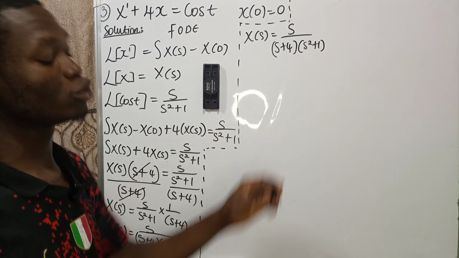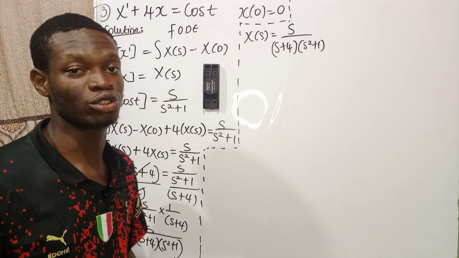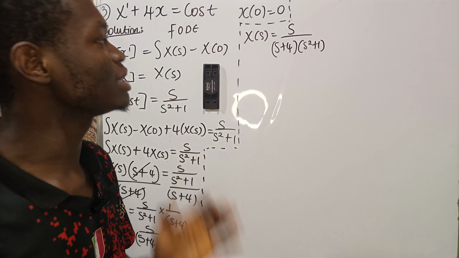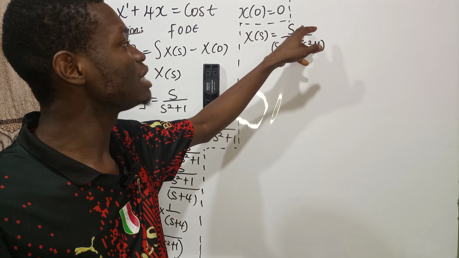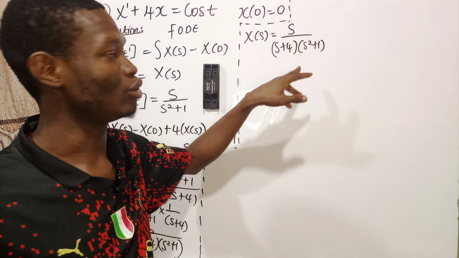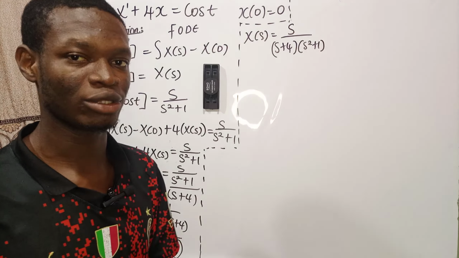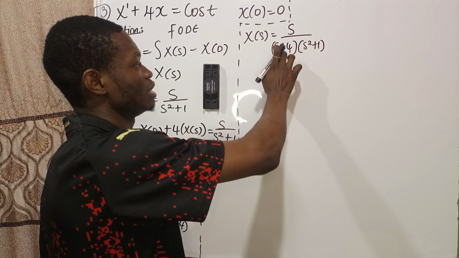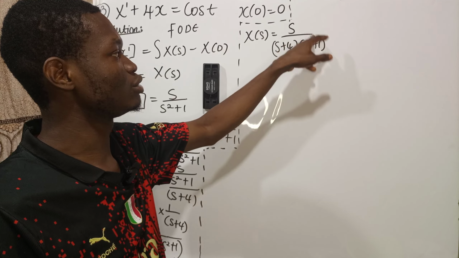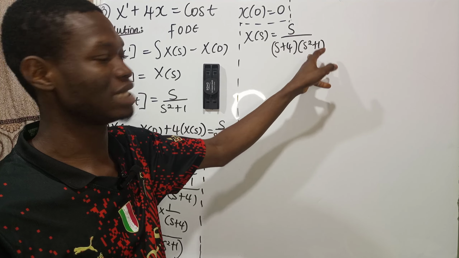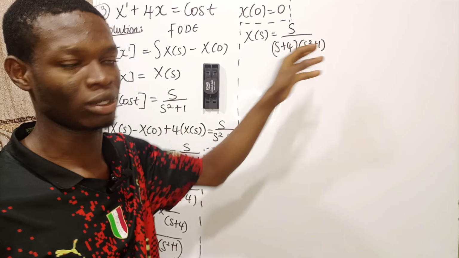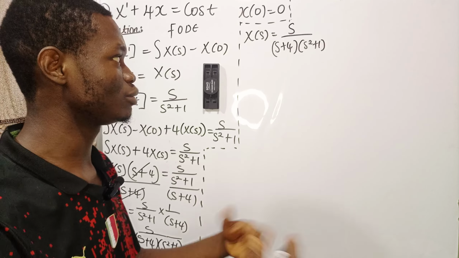So we are going to use partial fraction decomposition for this. Now, in partial fraction, you need to consider many things. First of all, check whether the degree of the numerator is higher than the degree of the denominator. This one and this one, the degree of the numerator is less than the denominator. So you can use partial fraction.